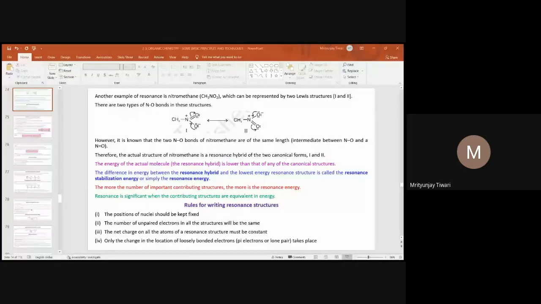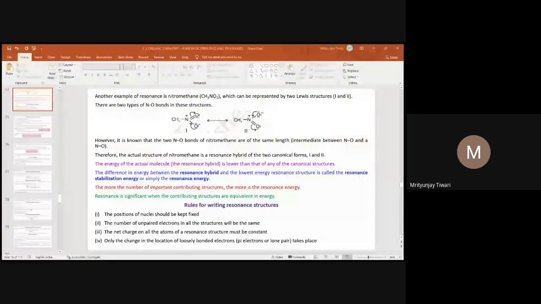Even if there are two different ions, and in one of them the dispersal of charge is more feasible than in the other, then the ion with more dispersal of charge will be more stable.